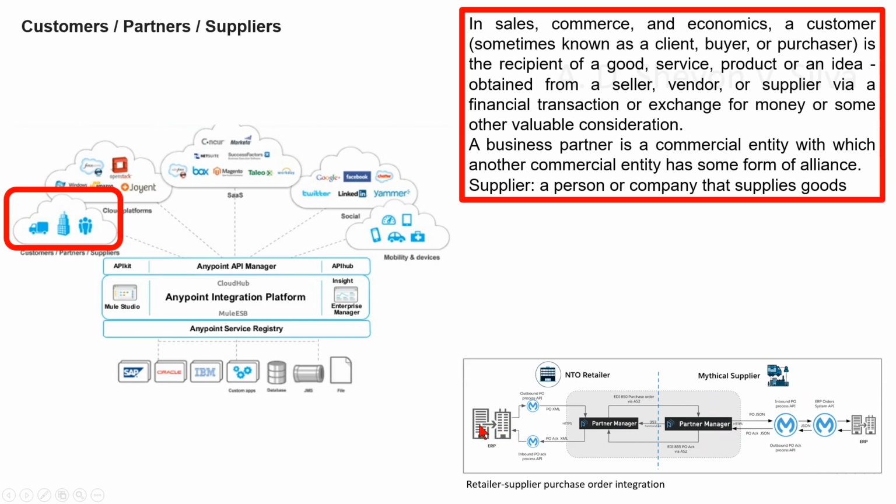Here the ERP is connected to the outbound PO process API, and it is connected to partner manager via PO XML. Partner manager is connected to partner manager Mythical Supplier via EDI 850 purchase order via AS2.